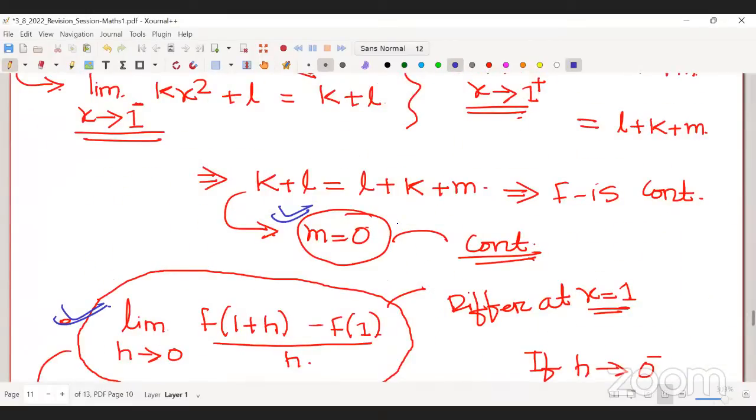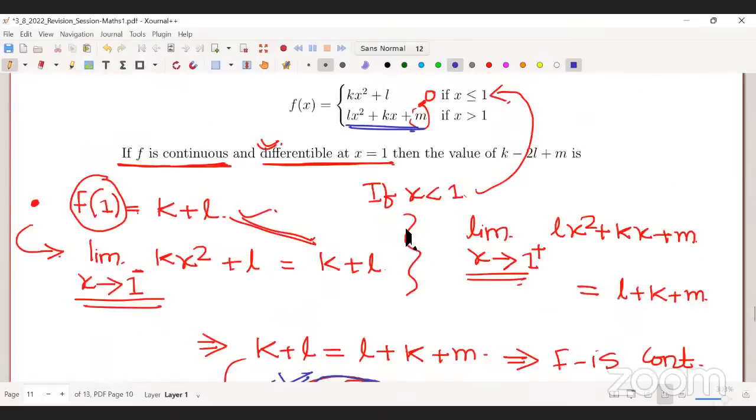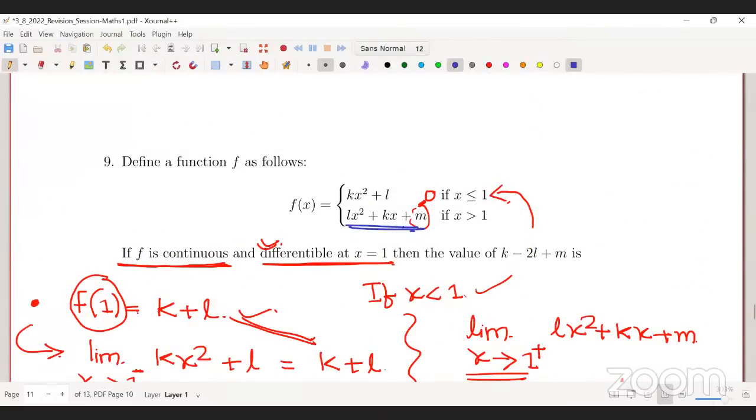Yes, sir. And m is equal to 0. So what do I need to compute? I need to compute k minus 2L plus m, which is 0 because k minus 2L is 0 and m is 0. Is it clear how we are getting this? Sir, will we also get individual values of k, L and m if we find the limit?